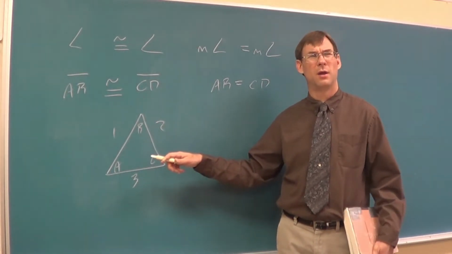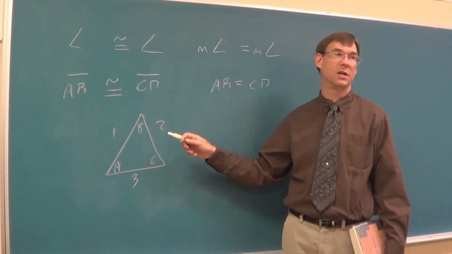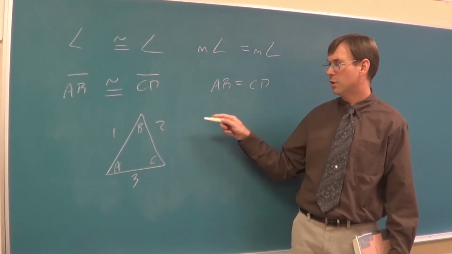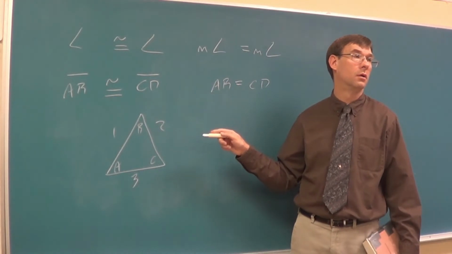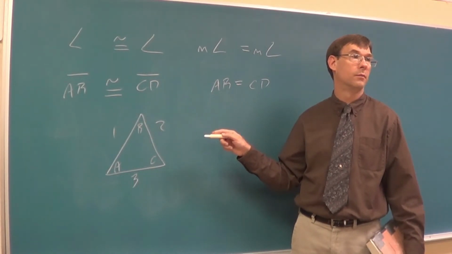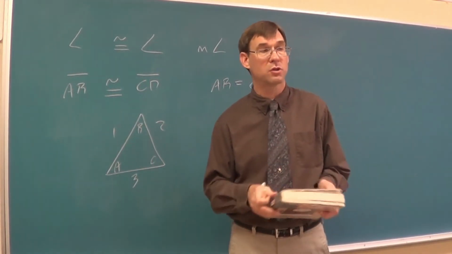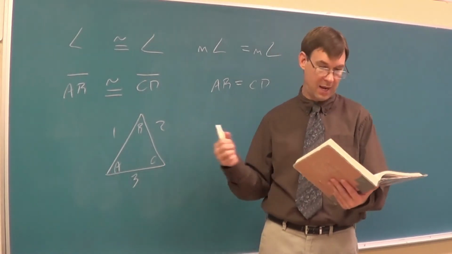Did I already do that one? Yeah, you just did that. Who do A and B include? 1. Who includes 2? B and C. Who includes 3? Okay, we're doing that. That's what most of the homework is, either CPCTC lists or that game.